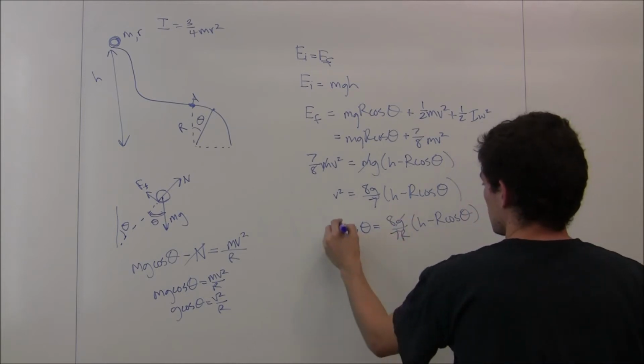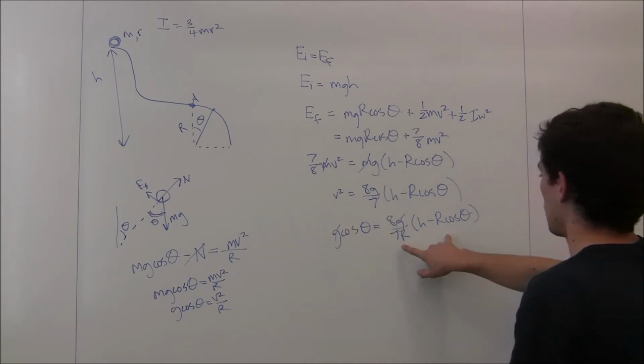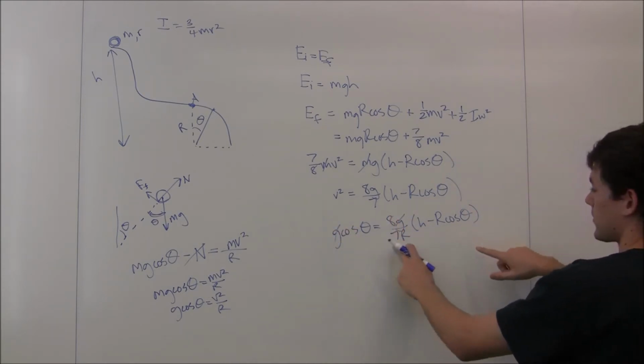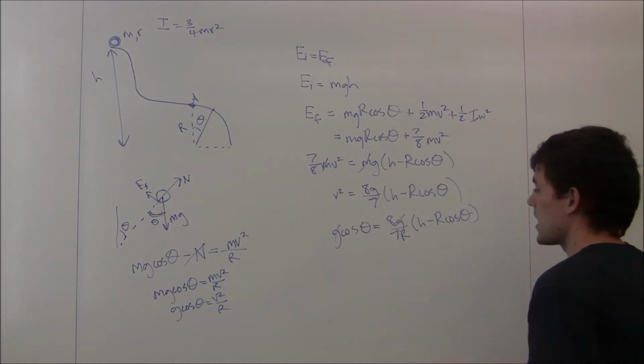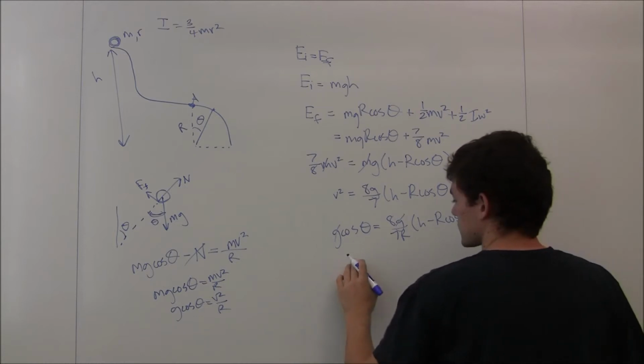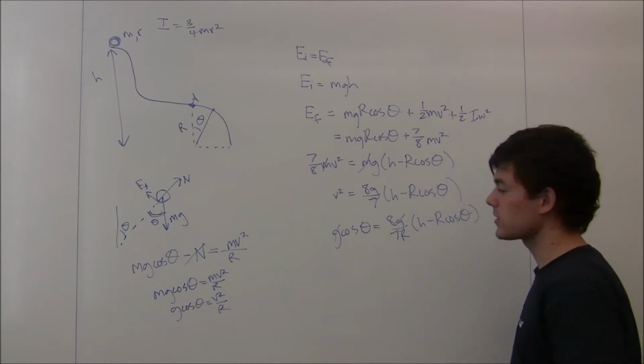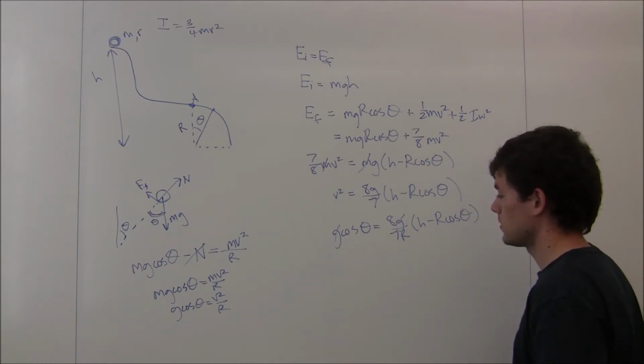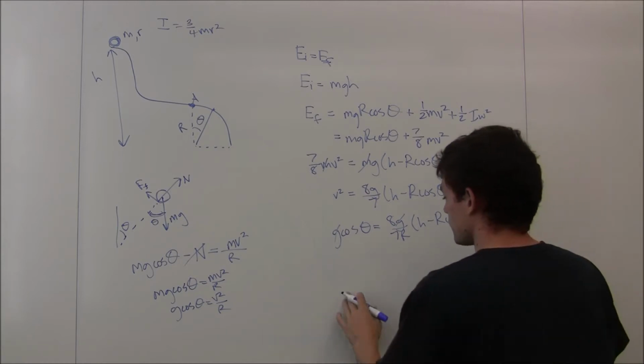We can cancel out the g's, and now we have this term of 8 over 7r times r cosine theta, which is just 8 cosine theta over 7. And we're going to pull this over to the left. We get 1 plus 8/7 is going to be 15/7.